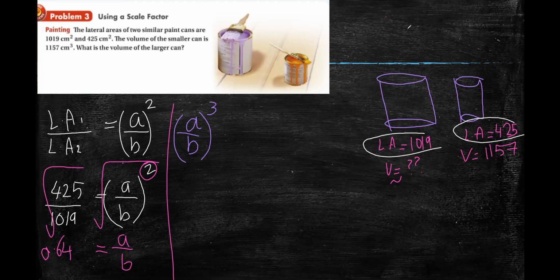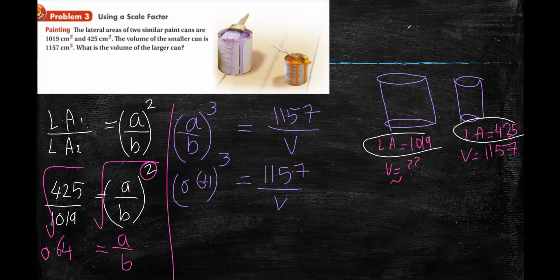So if you write now the cube of the scale factor, you can find the unknown volume, the smaller one over the larger one. 0.64 cubed is 1157 over the volume. So let's divide 1157 over 0.64 cubed. You will find that the volume of the second shape is 4,413 cubic centimeters.